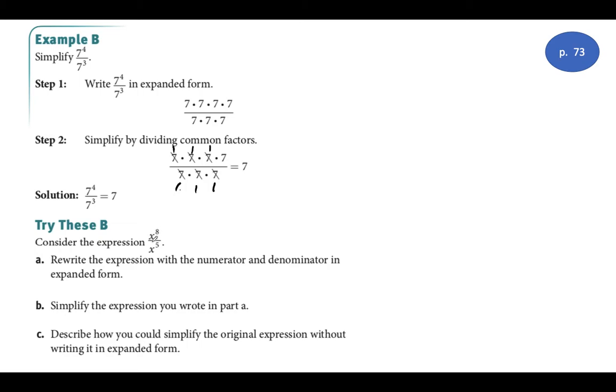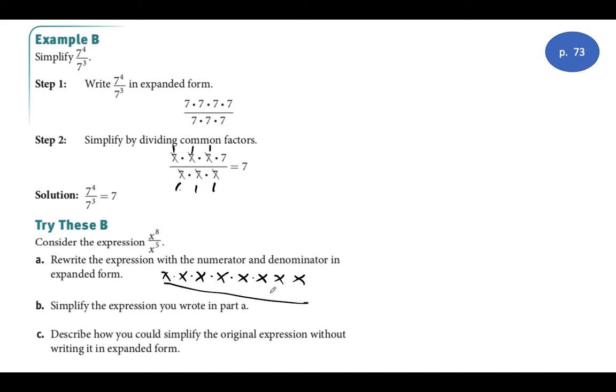Here we have x to the 8th divided by x to the 5th. So I could draw 8 factors of x in the numerator and 5 factors of x in the denominator. But I know that I'll be able to cancel 5 of these 8 factors, right? With the 5 x's in the denominator. I guess I should. They told me to. So for A, they said rewrite it in expanded form. 1, 2, 3, 4, 5, 6, 7, 8.